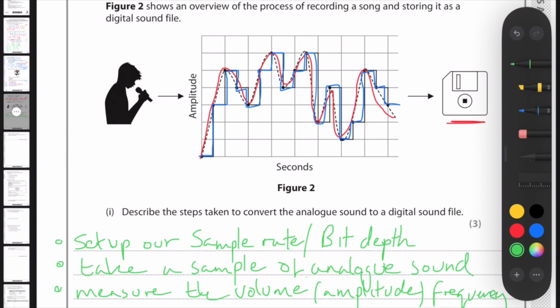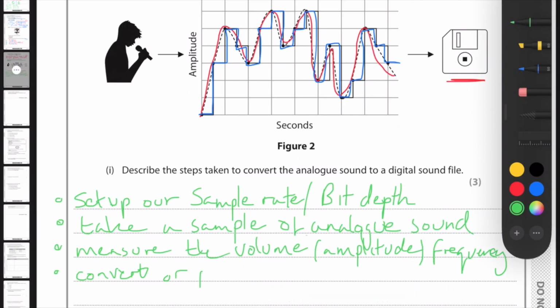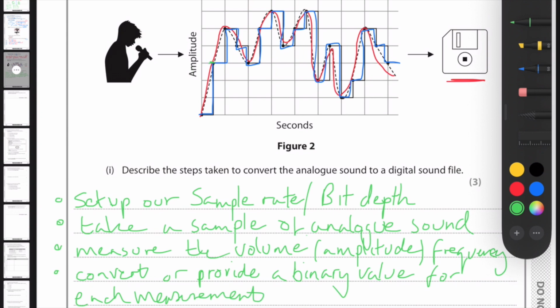And then we need to convert or provide a binary value for each measurement. So each of these little marks would have a binary value. And then finally, just here, store as digital file. Obviously, that's going up there.